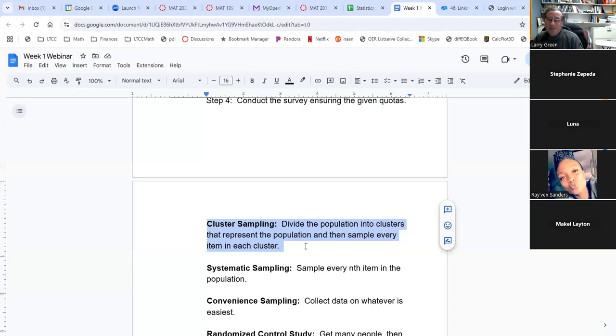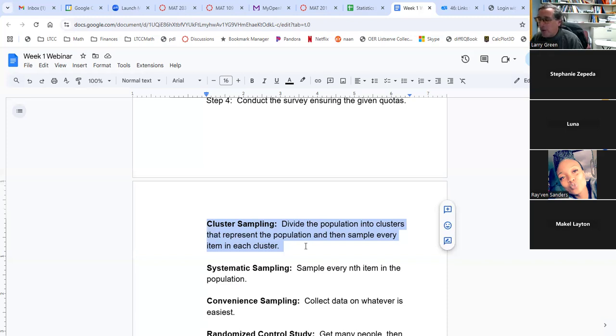Ideas? I don't hear it. Okay, the typical, easiest cluster, the most typical for college students, would be classes. If you want to survey a couple hundred students, you might pick, our college has small classes by the way, 18 classes or so, and then make sure those classes are representative of the college.